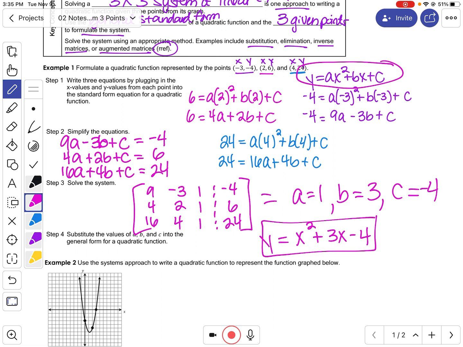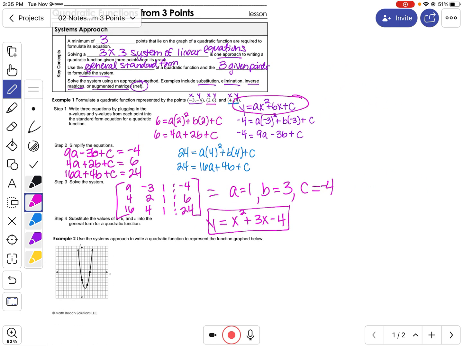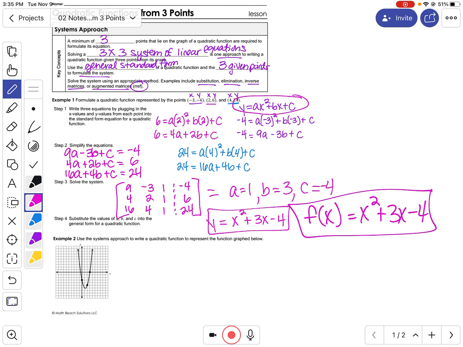We can set up our 3 equations, and we can solve it whatever way we want. Once we find our A, B, C, we can plug it back in, and then we can find our quadratic function. Okay, if it wanted it in function notation, you could just write this. So those mean the same thing.